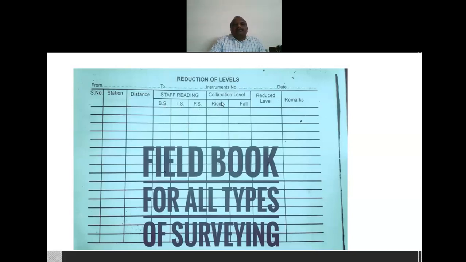Next column is collimation level or line of collimation. This column shows the rise and fall method. It is a type of calculation of RL. The next column is reduced level and remarks.